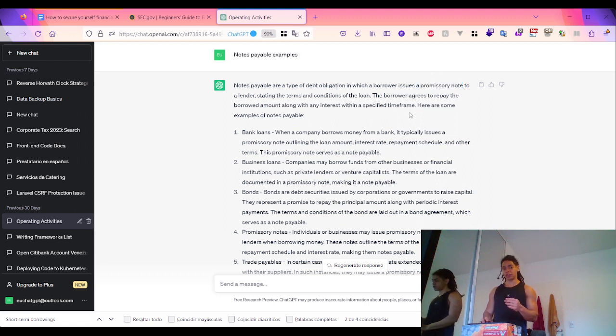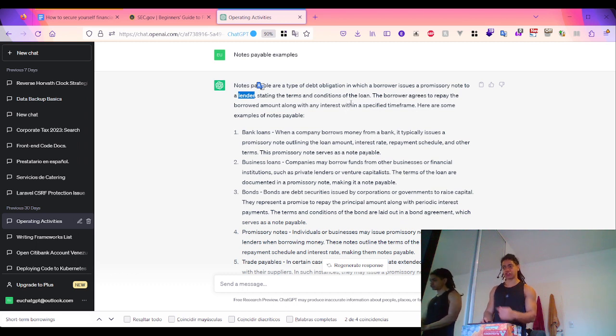This promissory note is issued by the borrower to a lender, el prestador al prestatario in Spanish, and defines the details of the loan and conditions. The borrower agrees to pay it along with any interest within a specified time frame.